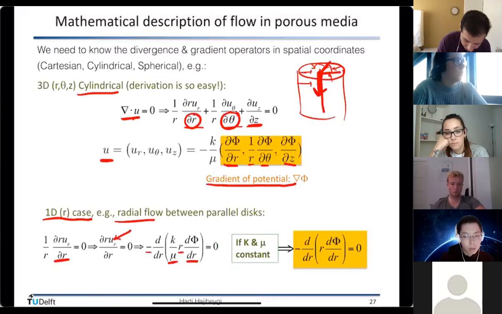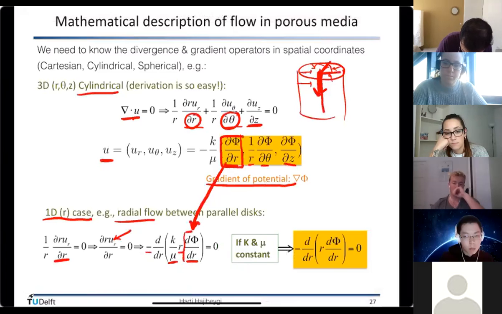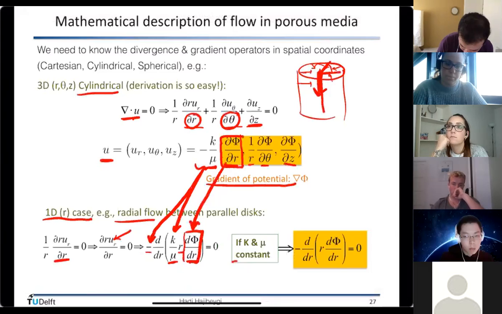For 1D, I am going to use only this part of it, and I'm putting it here. That's the gradient operator with minus K over mu, of course. And then if permeability and viscosity are constant, I'll get this formula.